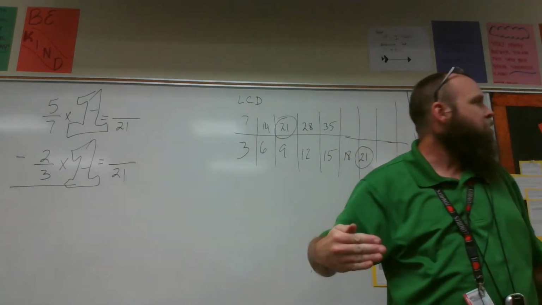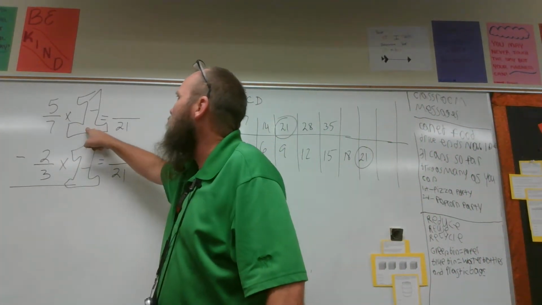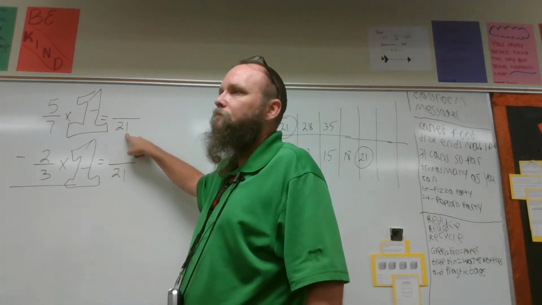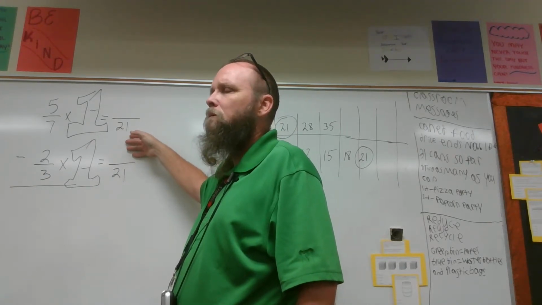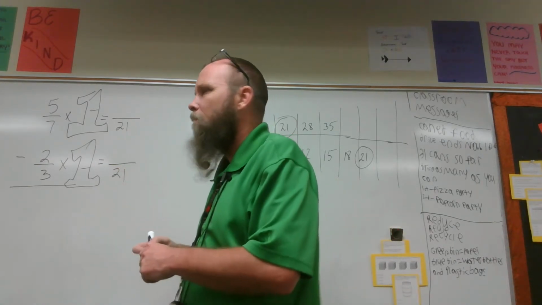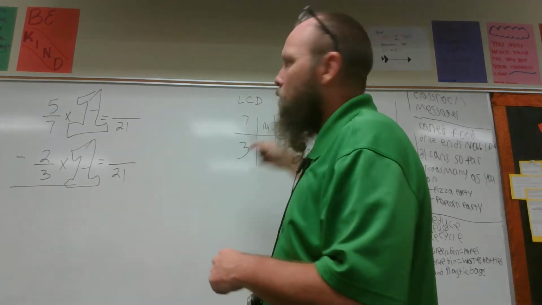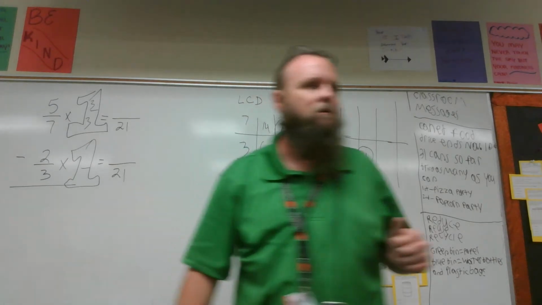Context clues. All right, so Kristen, 7 times what gives us 21? 3. So I need to multiply this by 3/3.